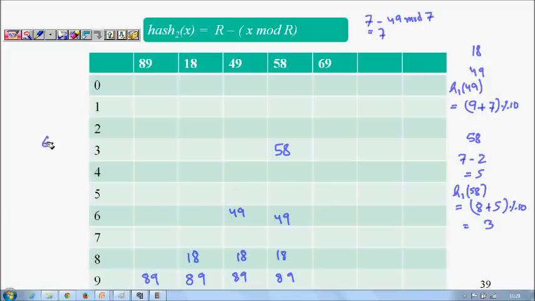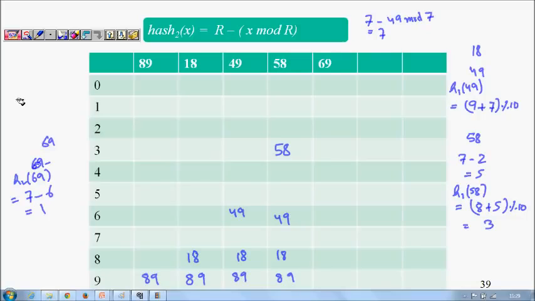Finally, let's try to insert 69. 69 modulo 10 is 9. Again this place is already filled. So we find hash2(69), which is 7 minus (69 modulo 7). 69 modulo 7 is 6, so it is 1.